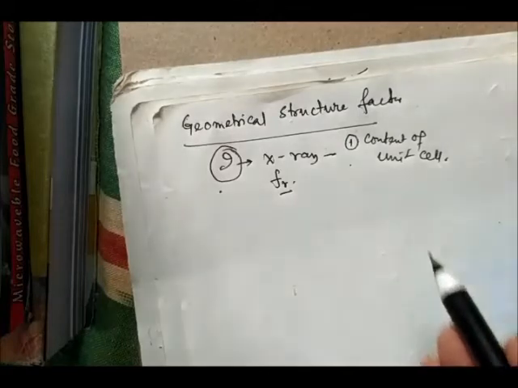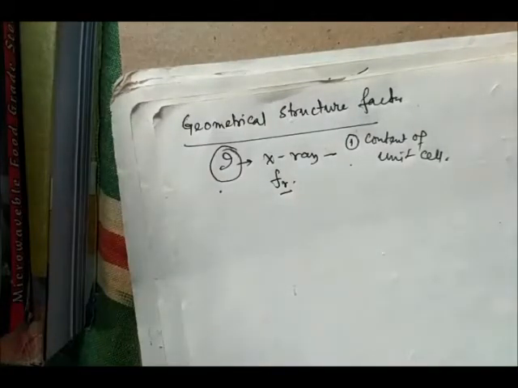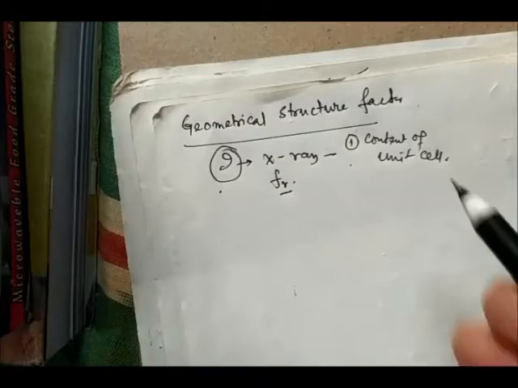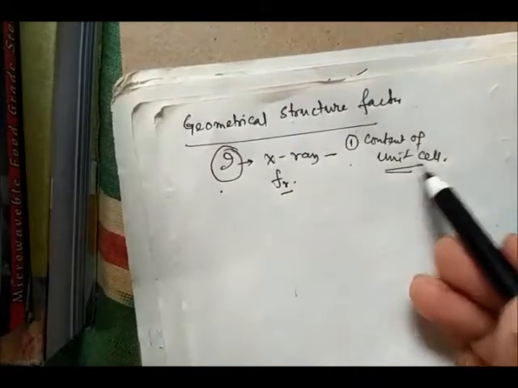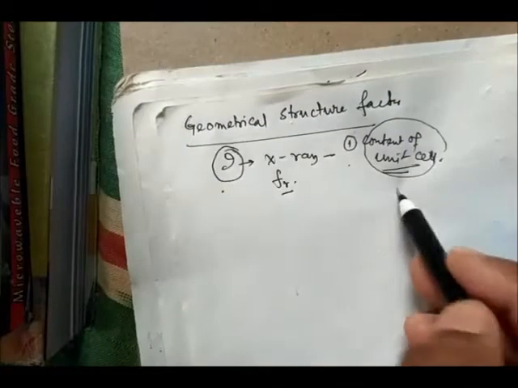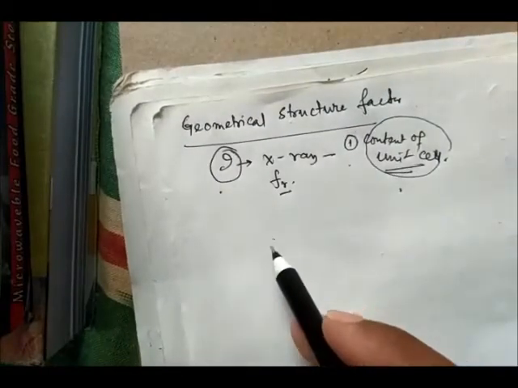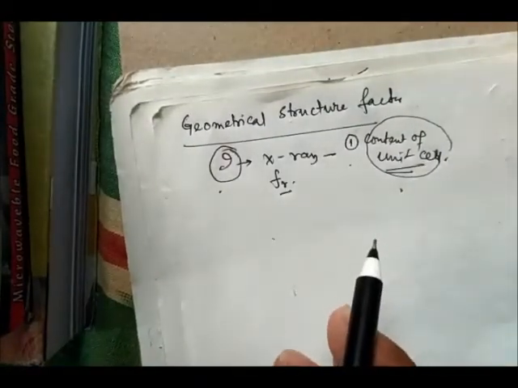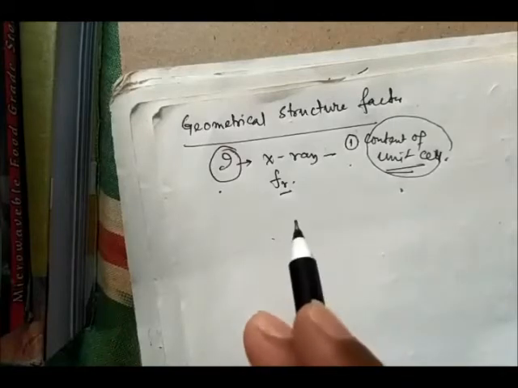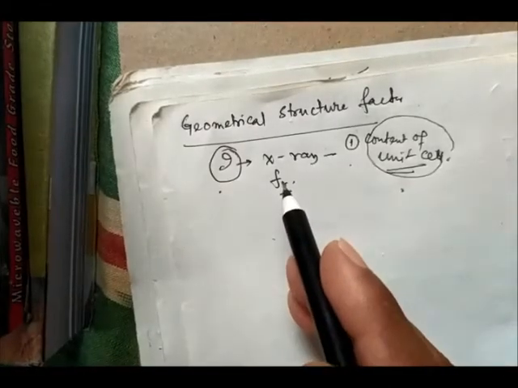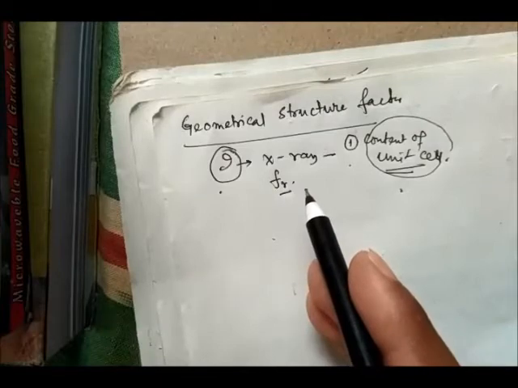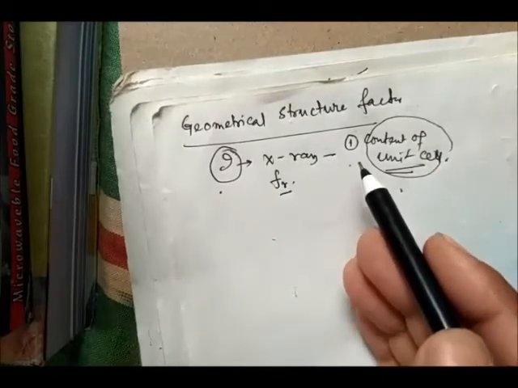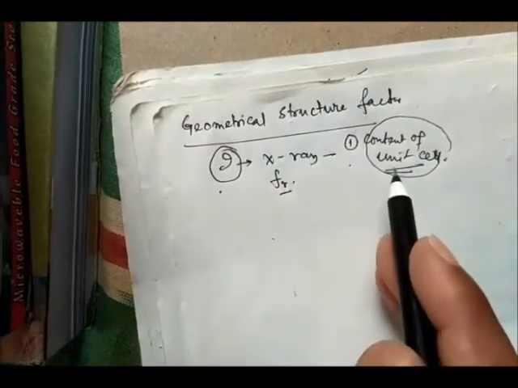So if the content of the unit cell is responsible, then I have to calculate how this unit cell, or how the lattice points in the unit cell, are contributing in the intensity pattern, right? The X-rays scattered by different atoms of the unit cell may or may not be in phase.